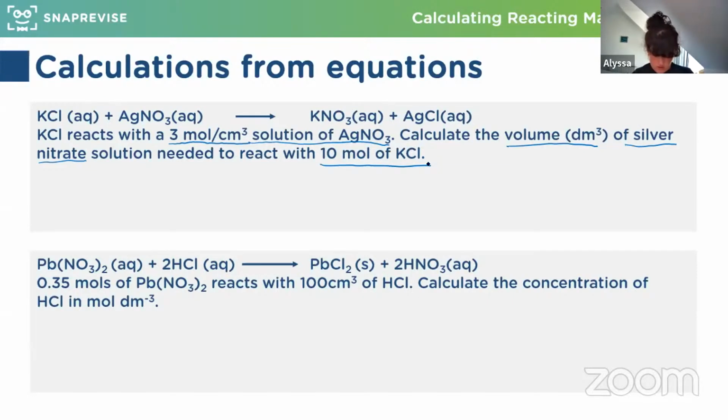We've got 10 moles of KCl, just writing out the information that they've given us in the question. KCl reacts with a 3 mole per centimeter cubed solution of AgNO3. So our 3 mole per centimeter cubed of AgNO3. And we're trying to work out the volume of silver. That looks pretty good.